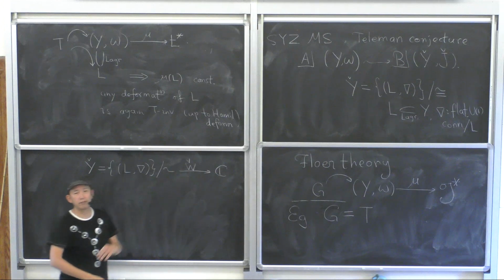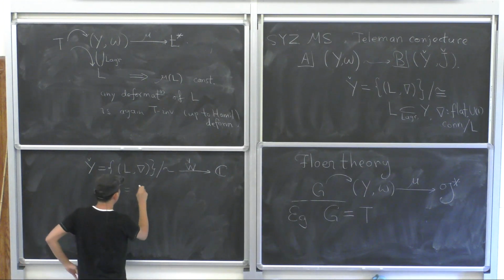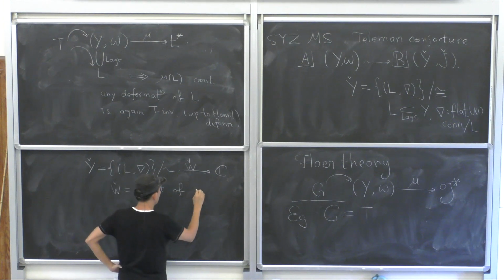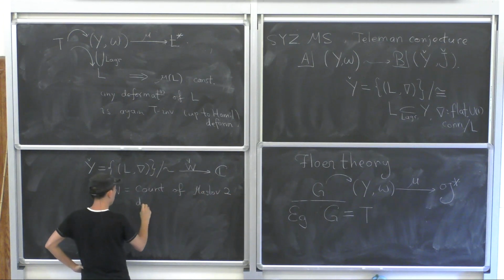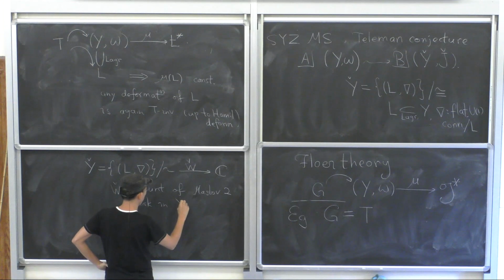In the case of Calabi-Yau, that function is just constant. And this is the count of Maslov index 2 disks in Y bounding L.